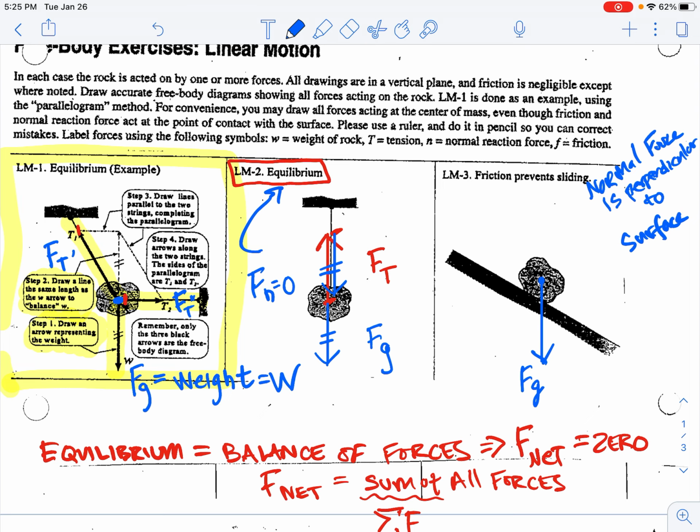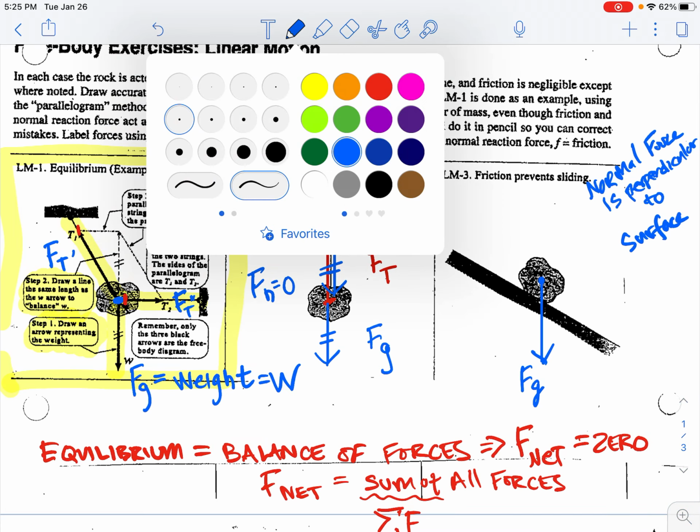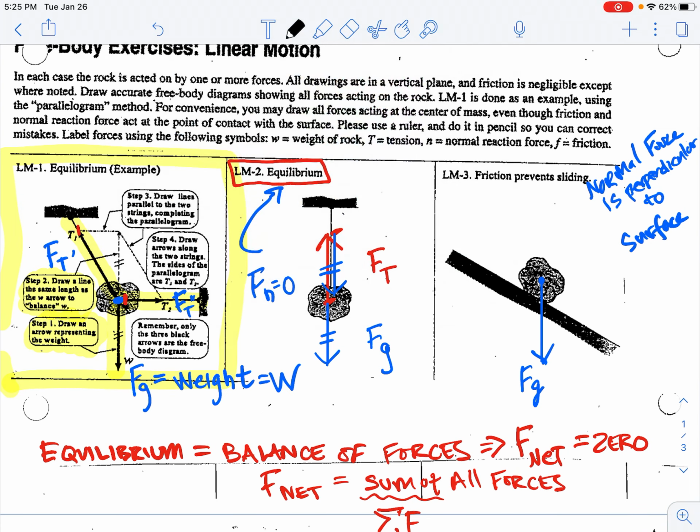So the normal force here is not going to be going straight up. I'll change this to black. The normal force here is going to be at this angle because that's perpendicular, which means at a 90-degree angle to what's coming off this surface here. So then there's my force that's a normal force, okay?